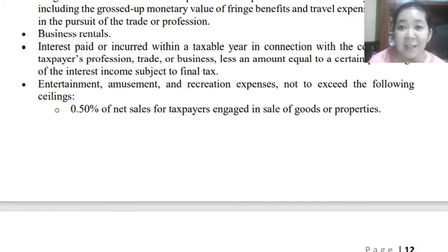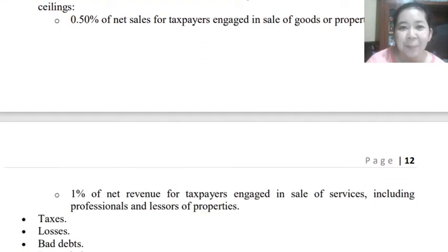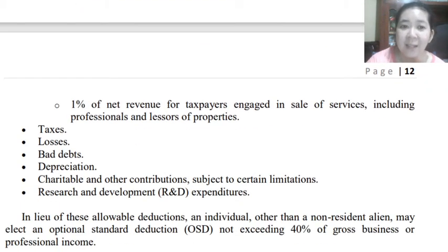Please take note, this is not 50%. This is 0.5 or 0.50%. Half of 1%. Second is 1% of the net revenue for the taxpayers engaged in sales of services, including those professionals and lessors of property.